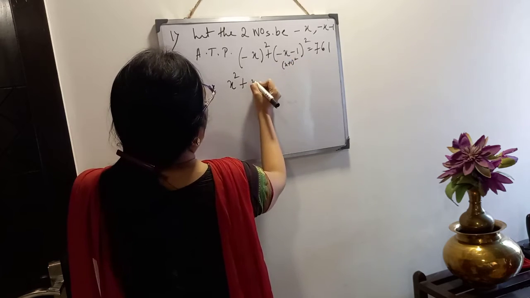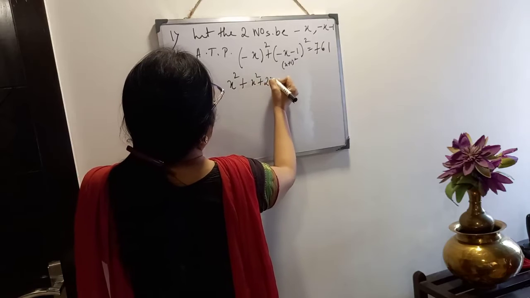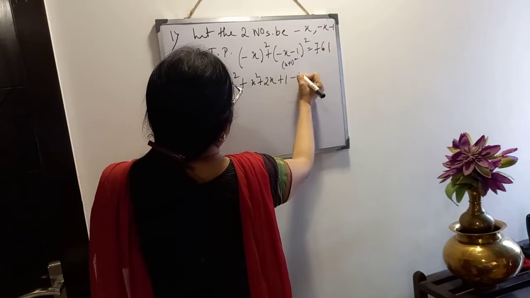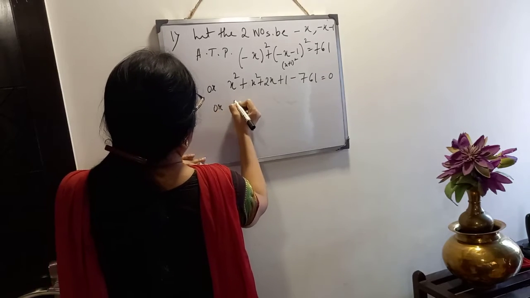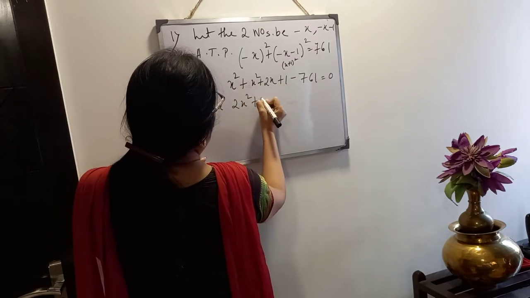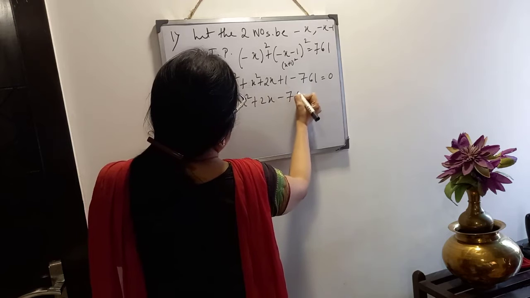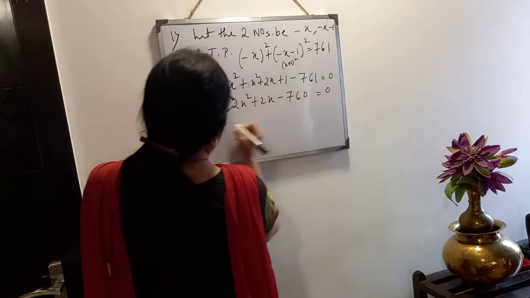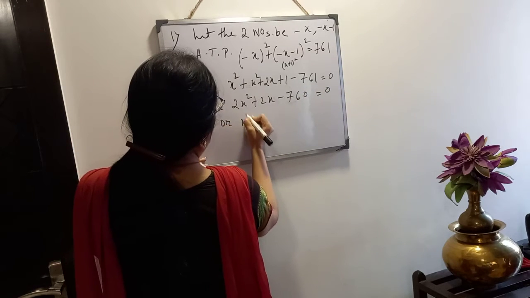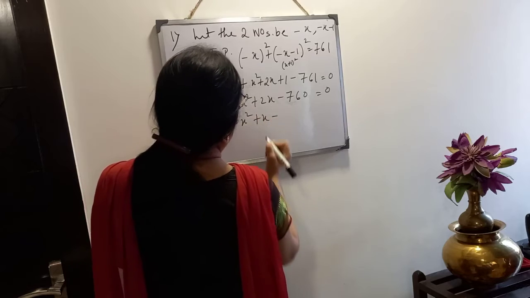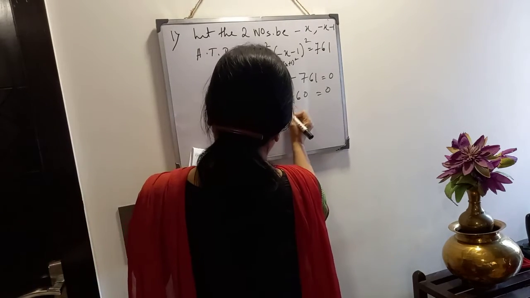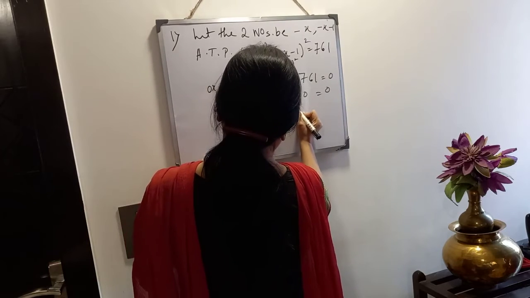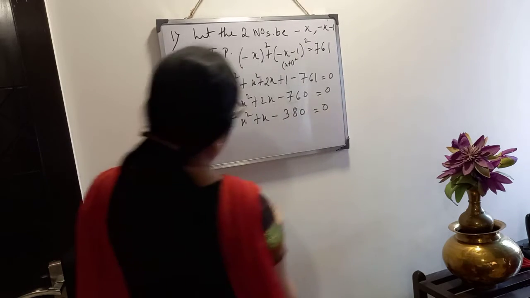Clear? So x square plus 2x plus 1 minus 761 equal to 0. Two I am taking common. Then it is becoming 380 equal to 0.